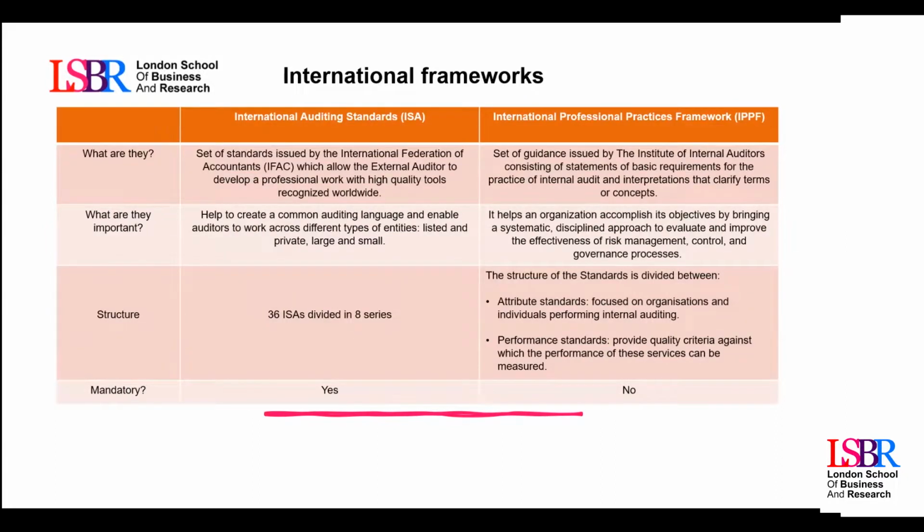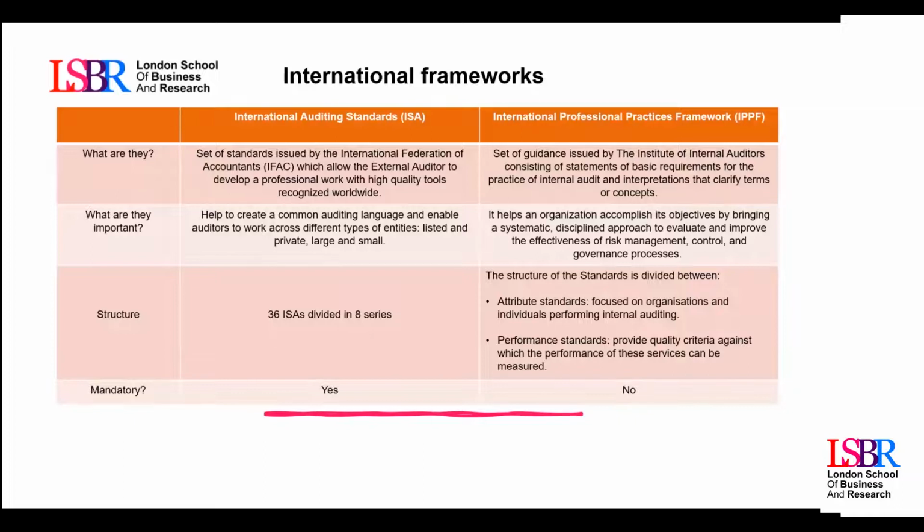And these are the two main international frameworks. One is issued by the International Federation of Accountants, and the other is issued by the Institute of Internal Auditors. And they are important, one, because they create a common language.